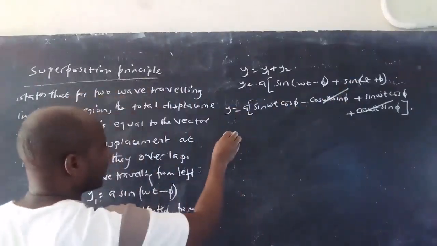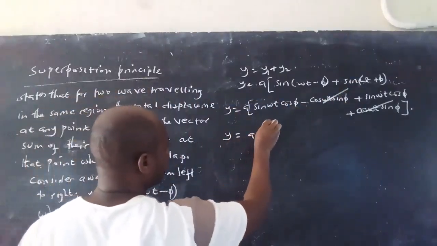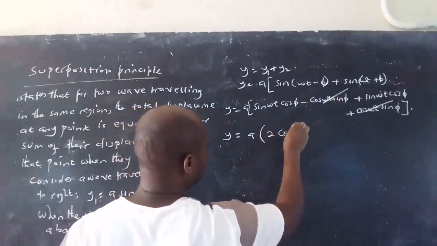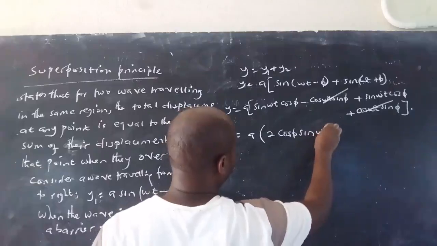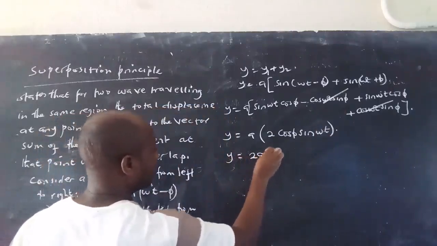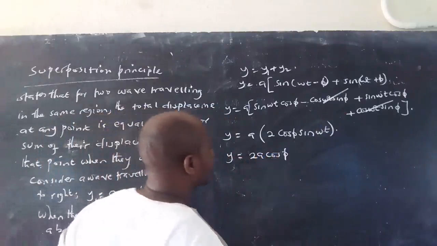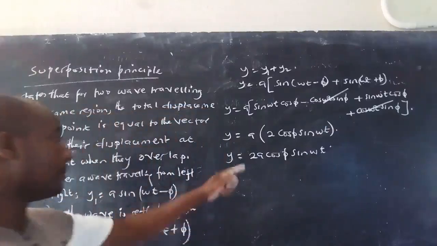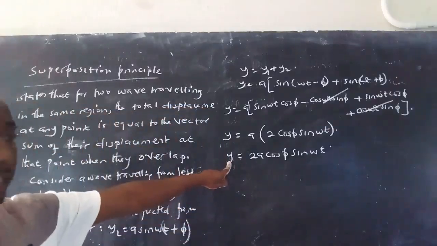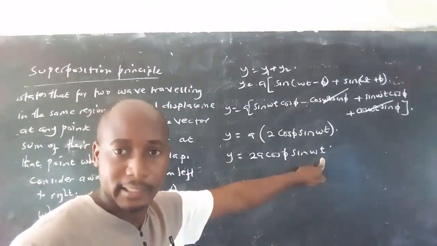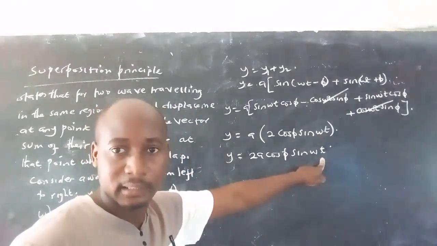So y is equal to A times 2 cos phi sin omega t, so y becomes 2A cos phi sin omega t. Remember, this displacement varies with time; it does not depend on x.